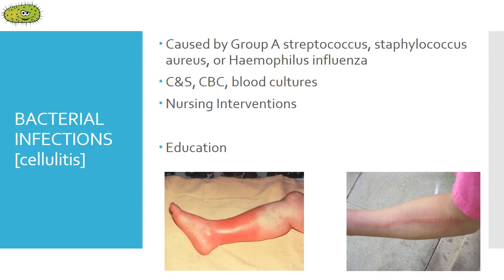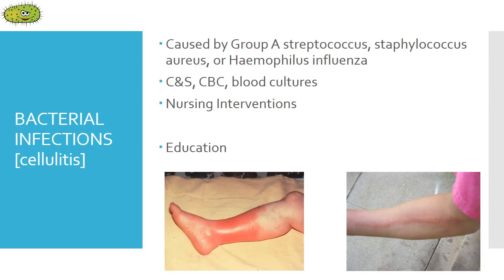Local manifestations that you would see with cellulitis would be redness, it'd be very warm, swollen, and the area would be very tender. You may also see lymphangitis, which is also known as a red streak coming from the area. You can see that very well in the picture on the bottom right. That's exactly what it looks like.